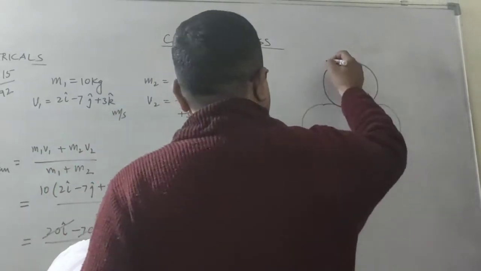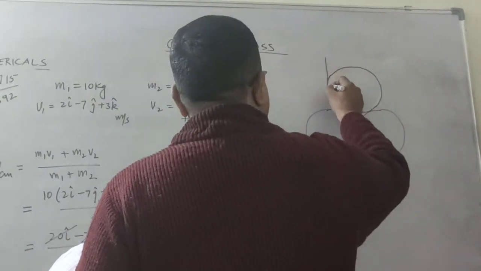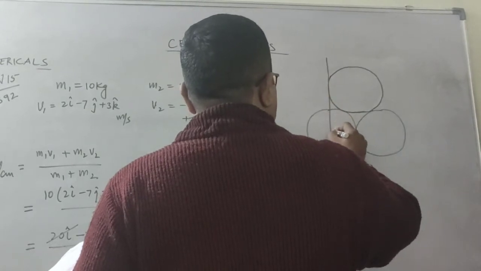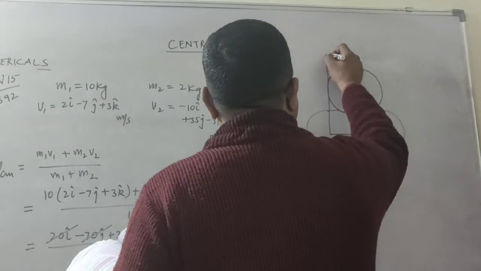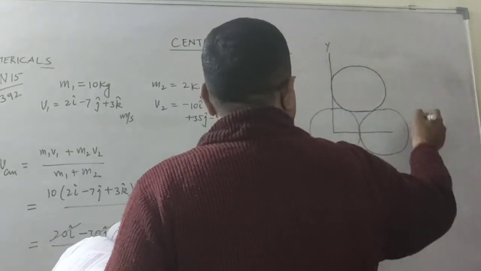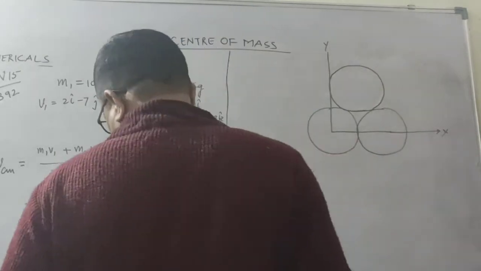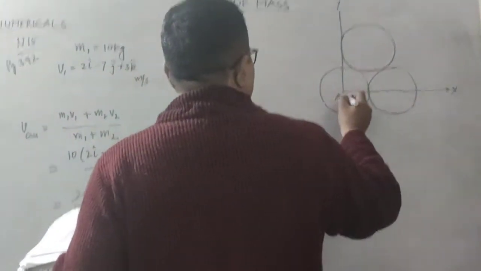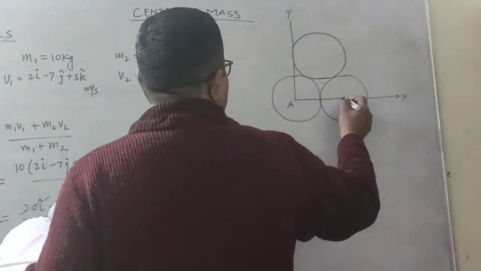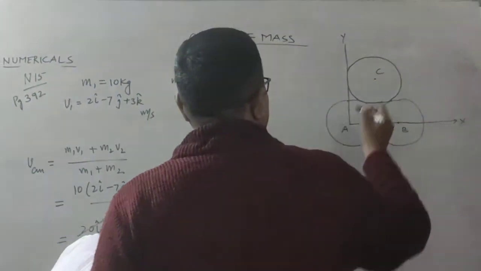Now, considering one sphere at origin, this is along y-axis, this is along x-axis. So if I consider this at A, this is the center, this is B, and this is the center, this is C.